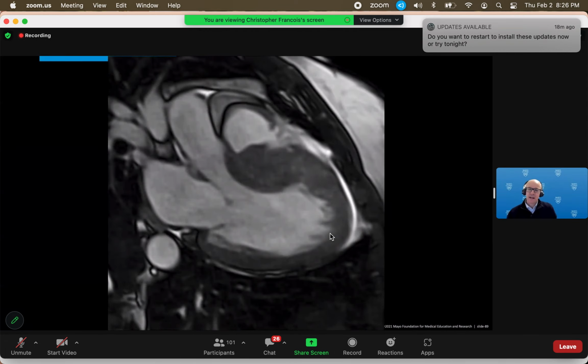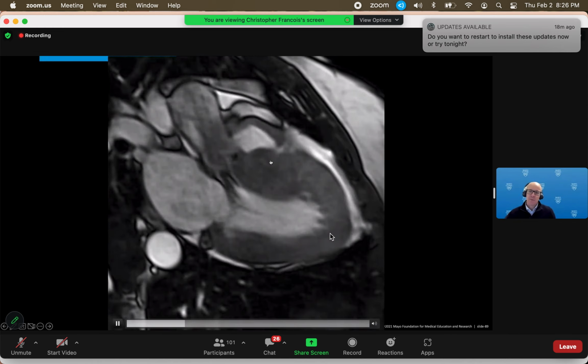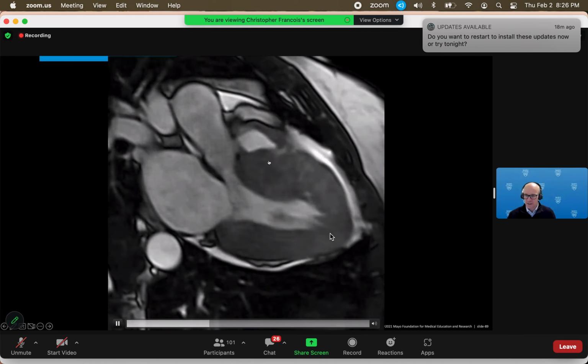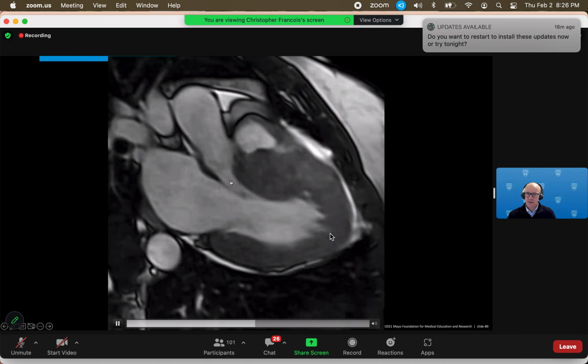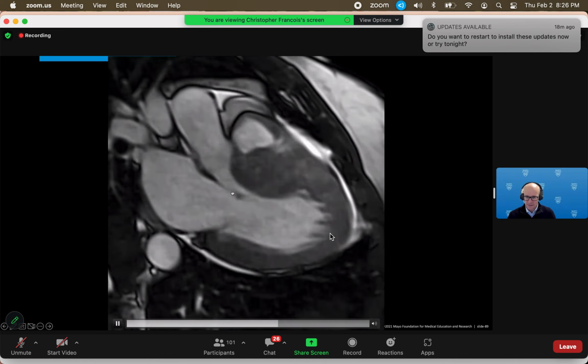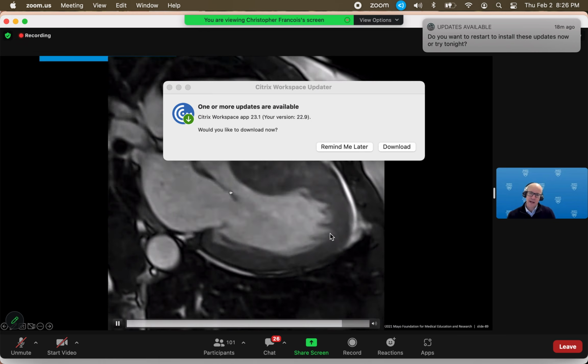This is a 49-year-old who has some shortness of breath, some palpitations, and we have a very hypertrophied interventricular septum. It is obstructing the left ventricular outflow tract, and so you can see the flow dephasing due to the turbulent flow in the left ventricular outflow tract.